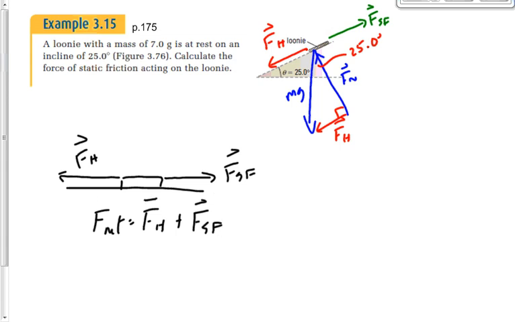Hey, quick question. I asked this yesterday, but I'll ask it again. Why are we not including the normal force and the force of gravity in this diagram right here? They don't cancel each other out. Okay, they cancel out when one is like this and one is like this. I got gravity straight down and I got normal force at some other angle. Why am I not including those two forces in this diagram right here?